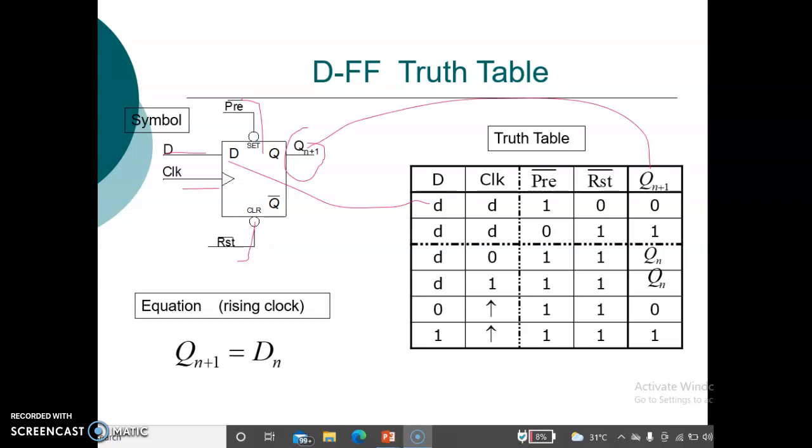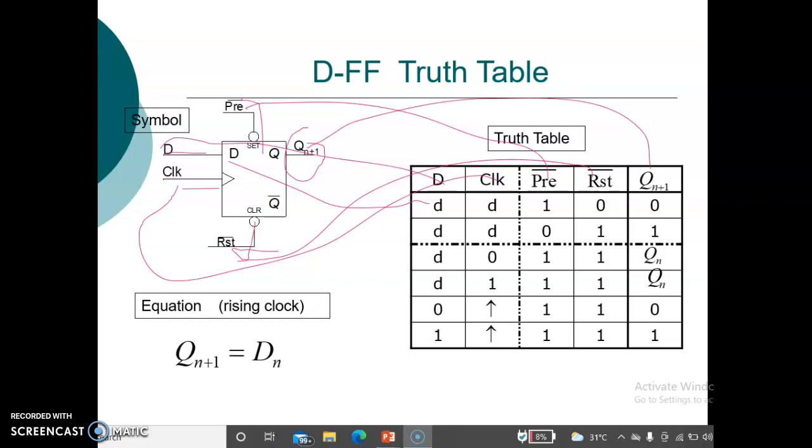Here reset. Clock, D. With D 1, reset 0, the output is 0. Here in the D flip-flop: D, clock, D, reset value 0 and then reset value 1, output 1.